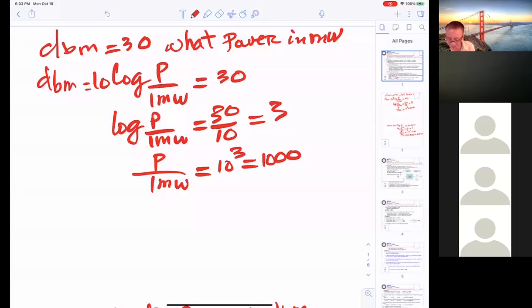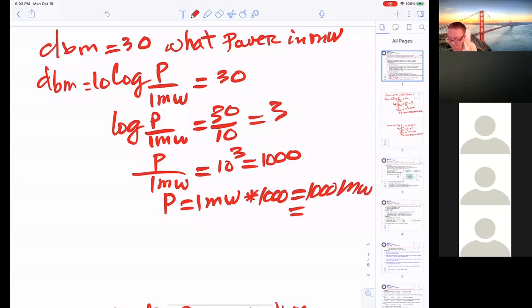Okay, P over 1 milliwatt equals 1,000. That means P equals 1 milliwatt times 1,000, which is 1,000 milliwatt.